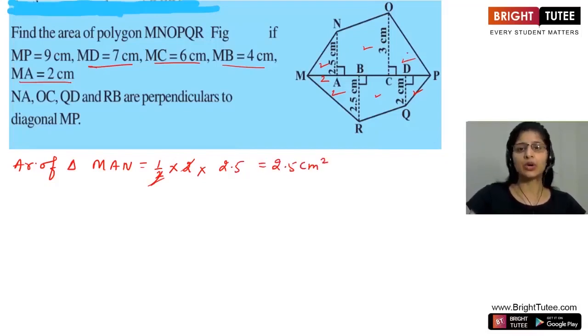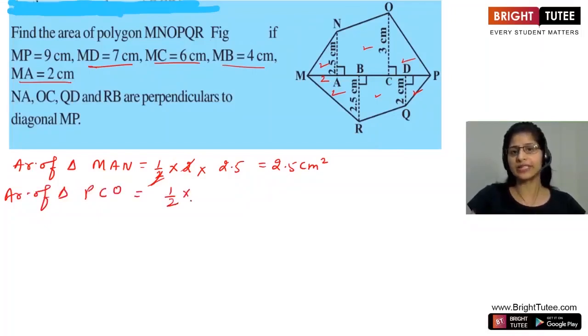Right. Now talk about PCO or OCP. Area of triangle PCO will be half into base into height. So half into base is what? Base is CP, right? Can we find the length of CP?